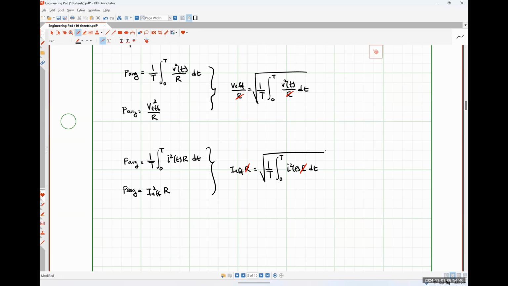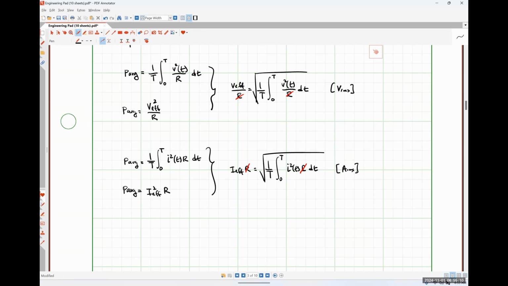It's literally what we're doing. So whenever we get voltages here, we're going to give them units of volts RMS so that we know that we're dealing with an RMS or effective value. And whenever we apply this equation to currents, we'll have units of amps RMS to let us know that we're dealing with an effective value once again.